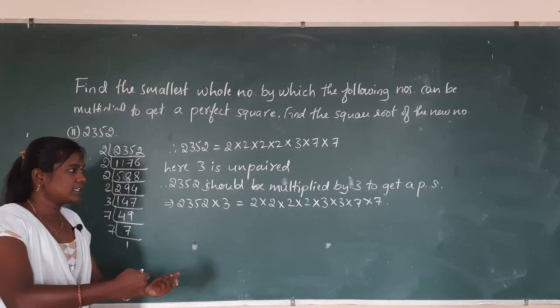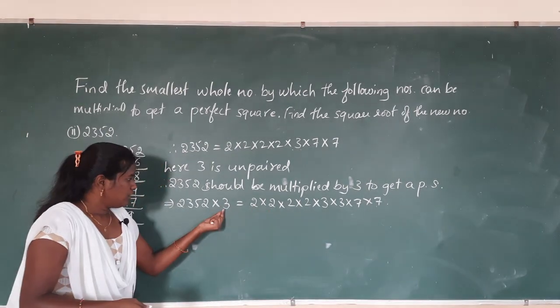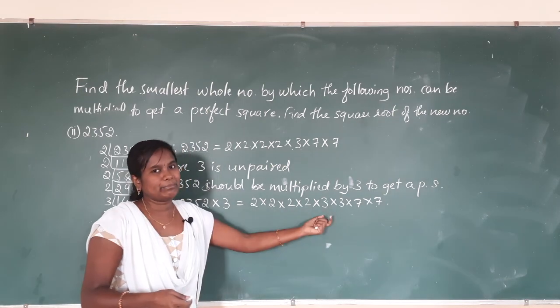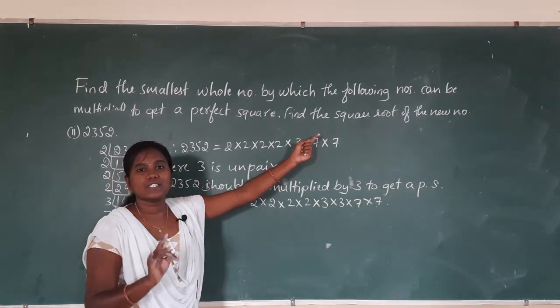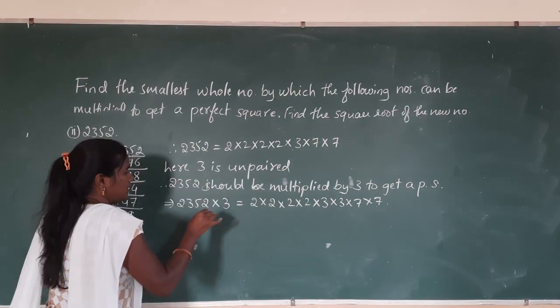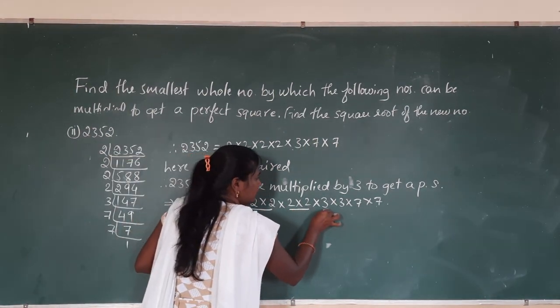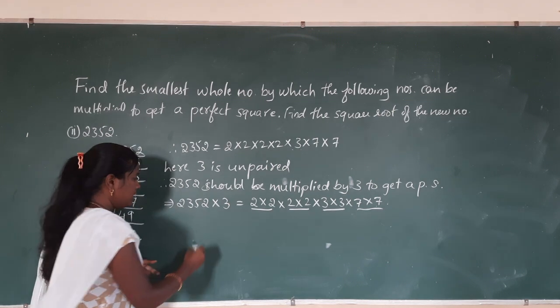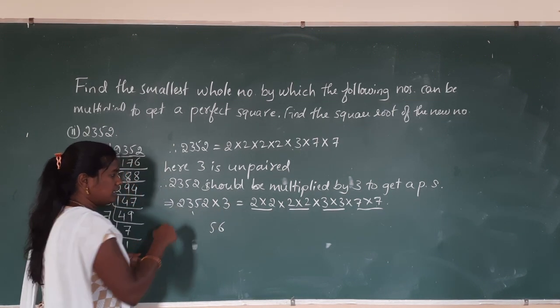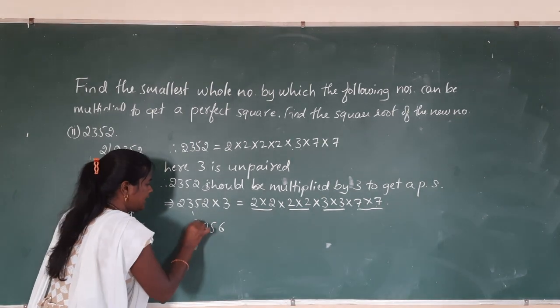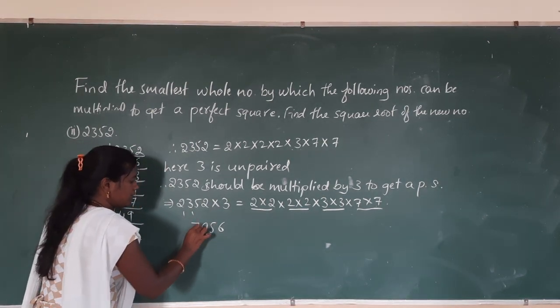What change are you observing here? On both sides we have multiplied by 3 to get a perfect square. So now it is 2, 2, 3, 7. 3 2s are 6, 3 5s are 15, 3 3s are 9 plus 1, 10, 3 2s are 6 plus 1, 7.